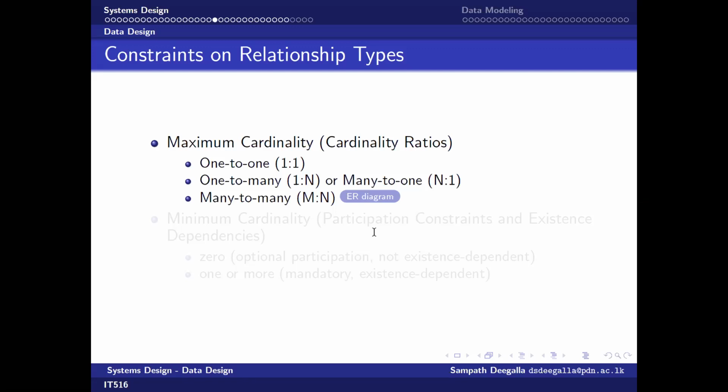Okay, good. So you have to take both sides. When you take one university, you can have more than one lecturer, but there could be some universities without any lecturers as well. Yes, there could be such situations, but we talk about the maximum. When you take a lecturer, the maximum number of universities is one, isn't it? So we call it one to many. So what is the relationship between the lecturers and the students?